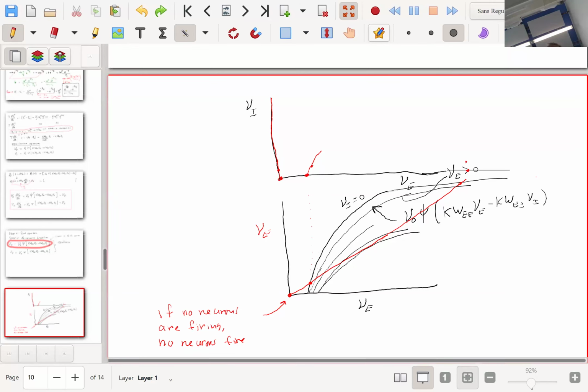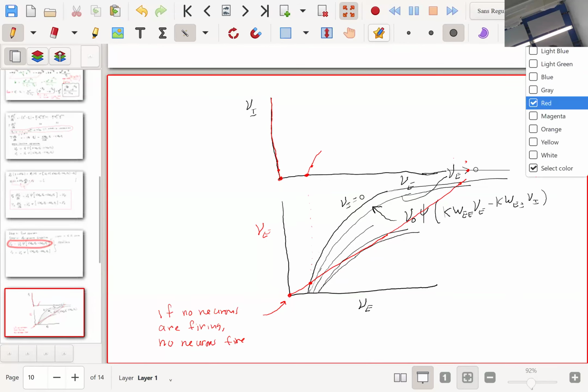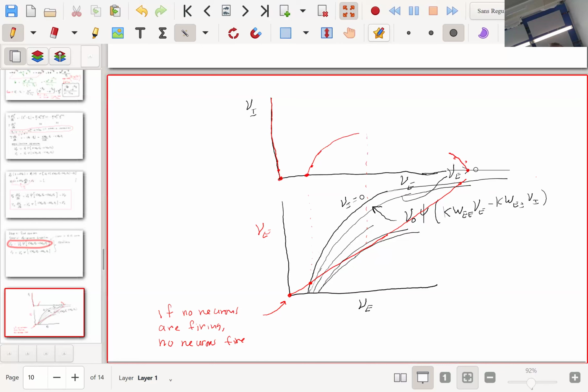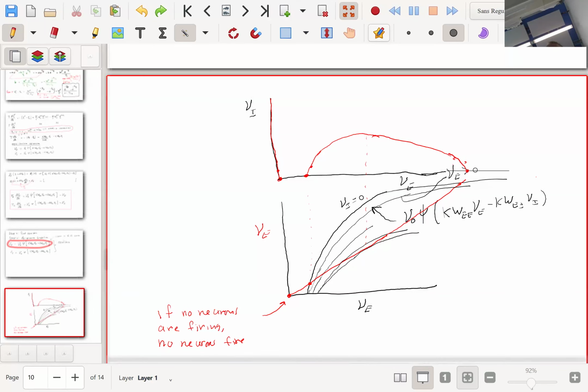If you look at this intersection here, it's in a little bit. So what happens is the curves come to here, and at this point is where these curves peak. You get some kind of curve that looks like that. It's an upside down parabola, more or less. It's got a quadratic maximum. And so this is called the excitatory null line.